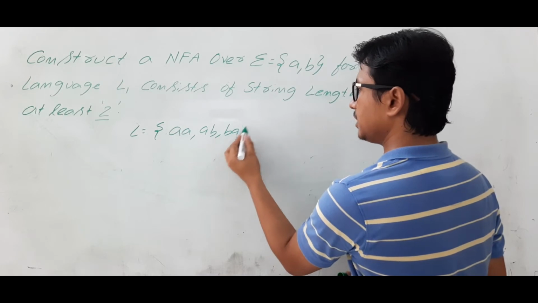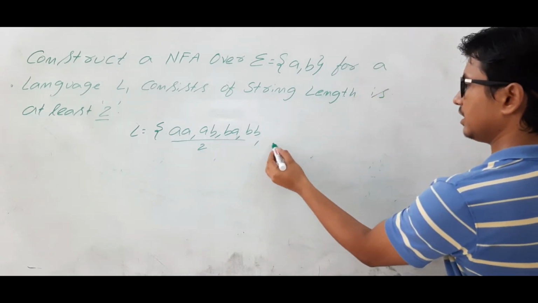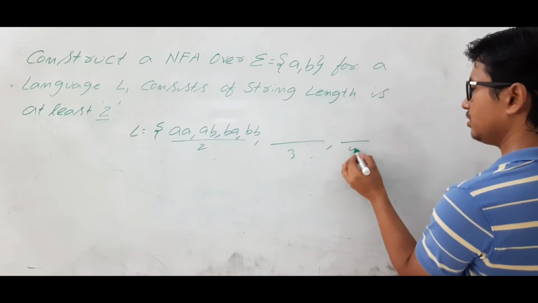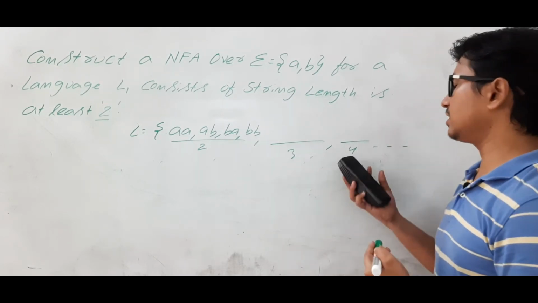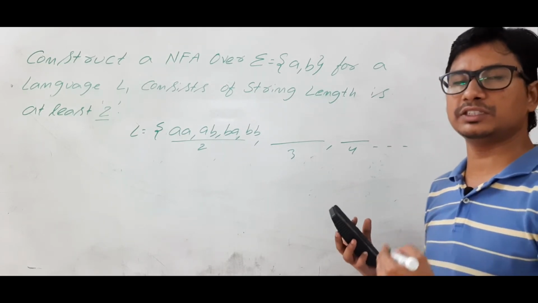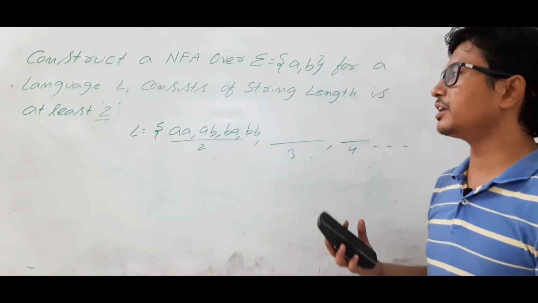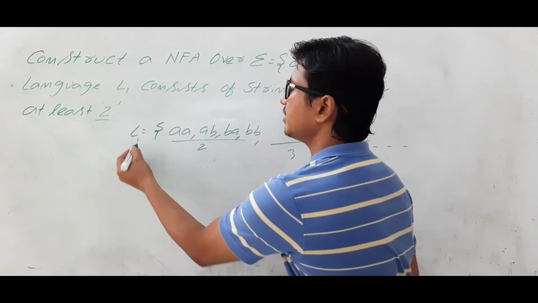It will consist of strings of length 2, length 3, length 4, and so on. With length 3 you will get 8 strings, with length 4 you will get 16 strings, with length 5 you will get 32 strings, and so on. You will get an infinite number of strings, so I can call this language L1 an infinite language.